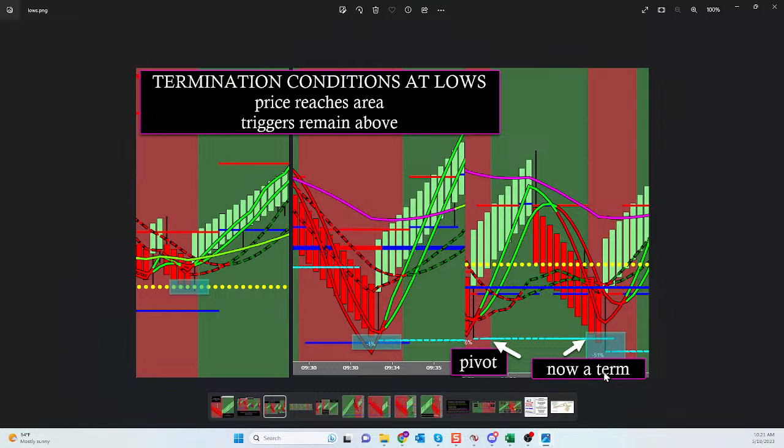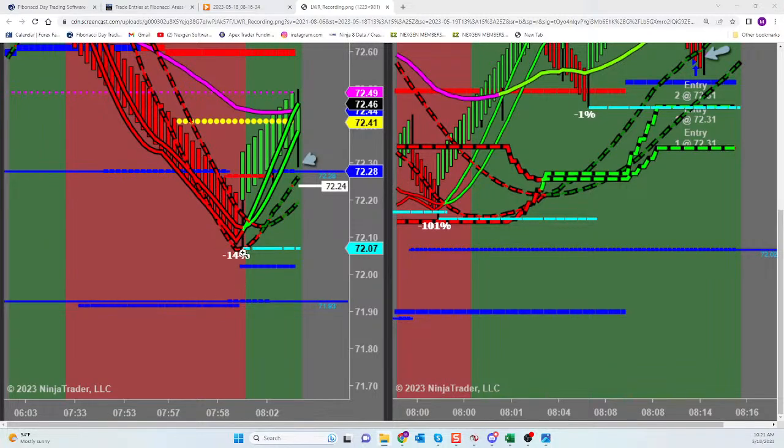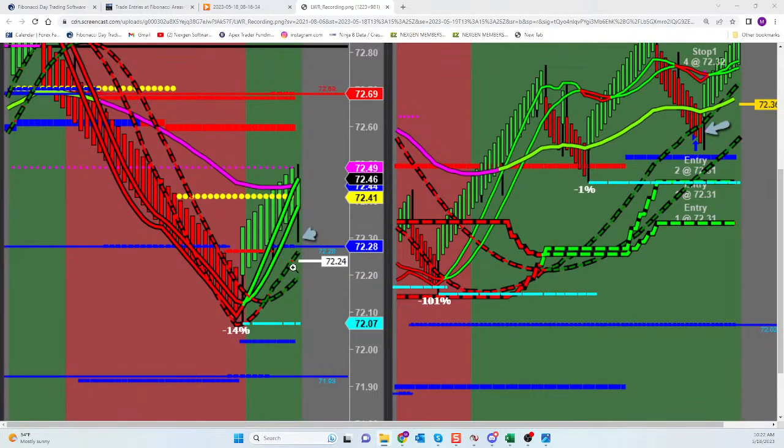And that really is one of the most common misconceptions with termination conditions. Divergence on its own is not a termination. It's when price retests. No worries. So once again, guys, the more you talk in this classroom, the more clear it becomes. Did you have odds favorable momentum? Absolutely. Small's above the larger wide, angled in the direction of the trend.